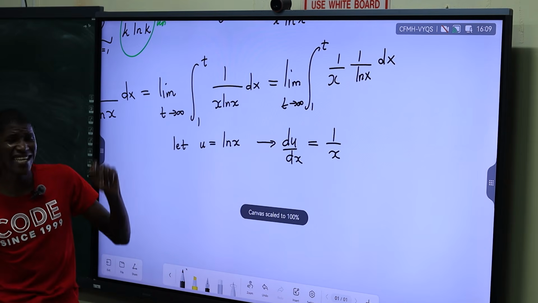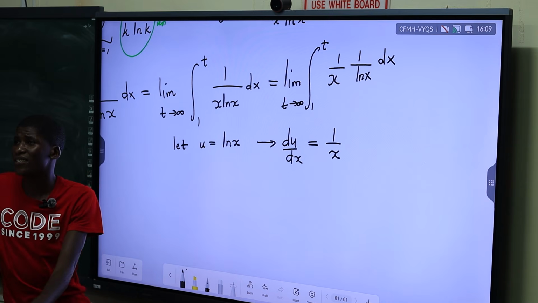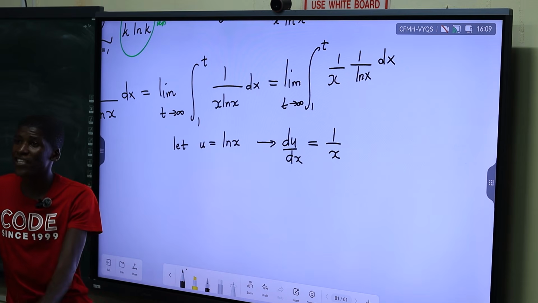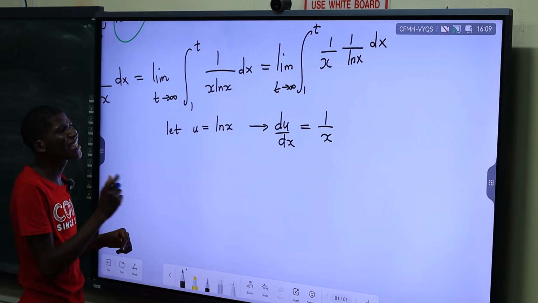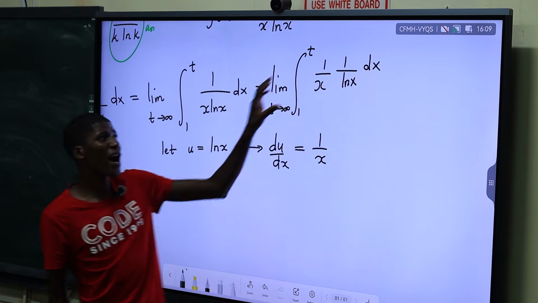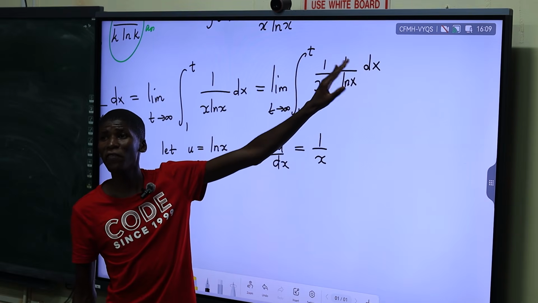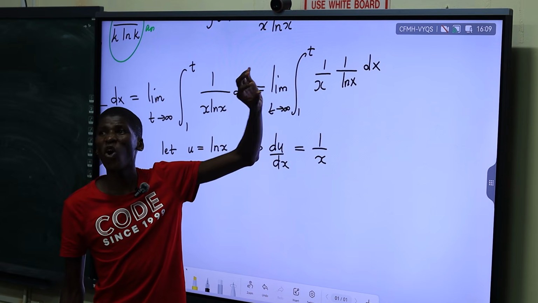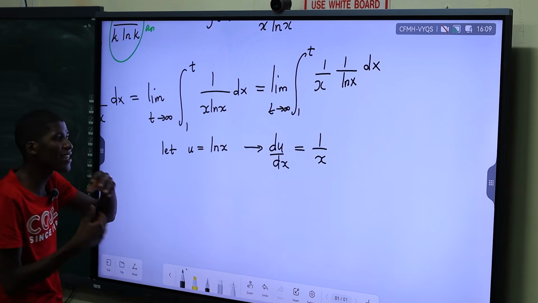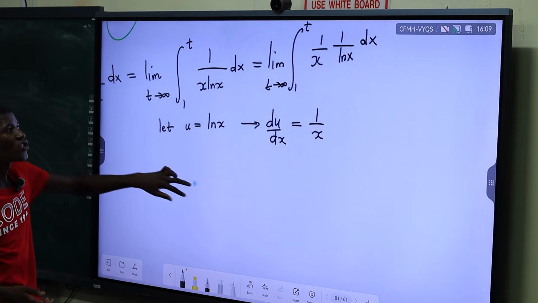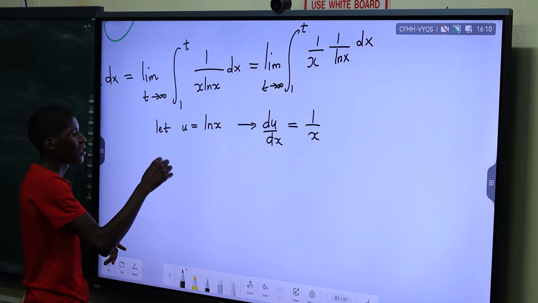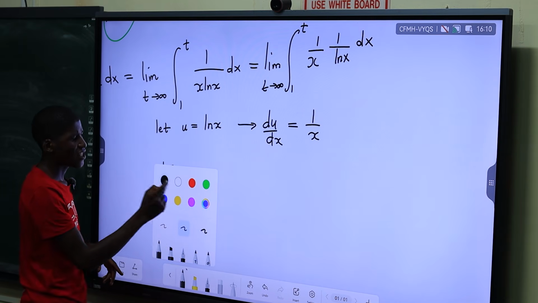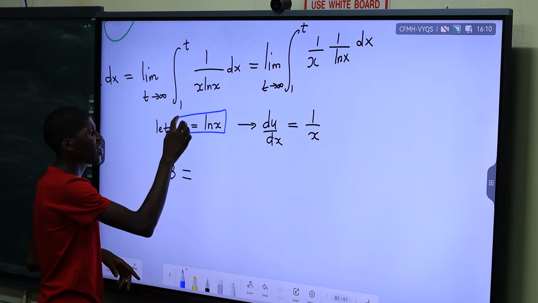This is a bounded integral, so we must change the upper bound and the lower bound and make them in terms of u, because these bounds are currently in terms of x. So how does u relate to x? u is equal to ln x.